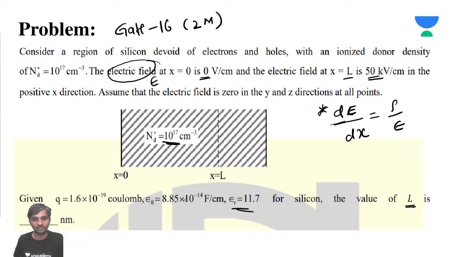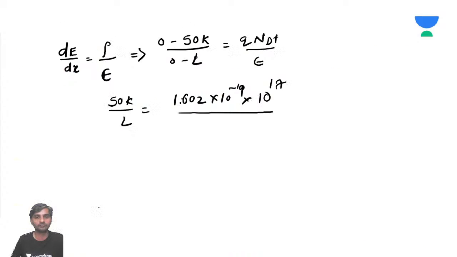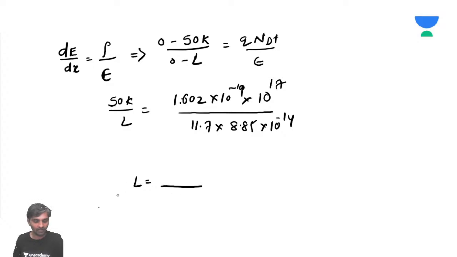Epsilon is going to be 11.7 into 8.85 into 10 to the power of minus 14. So calculate the value of L.